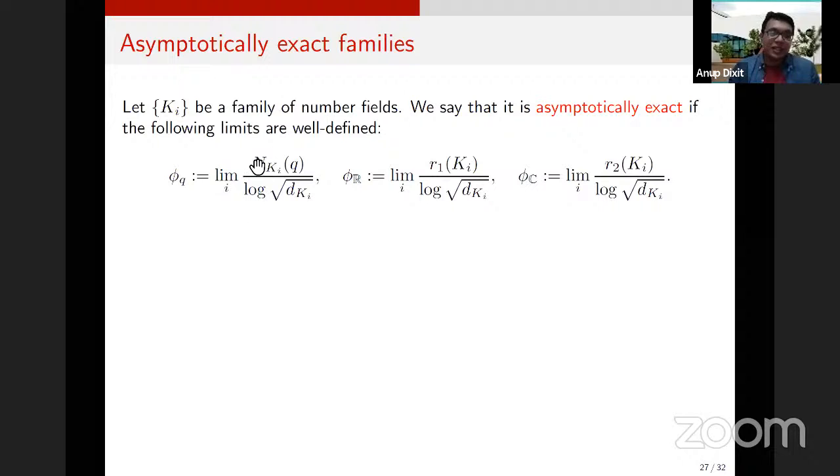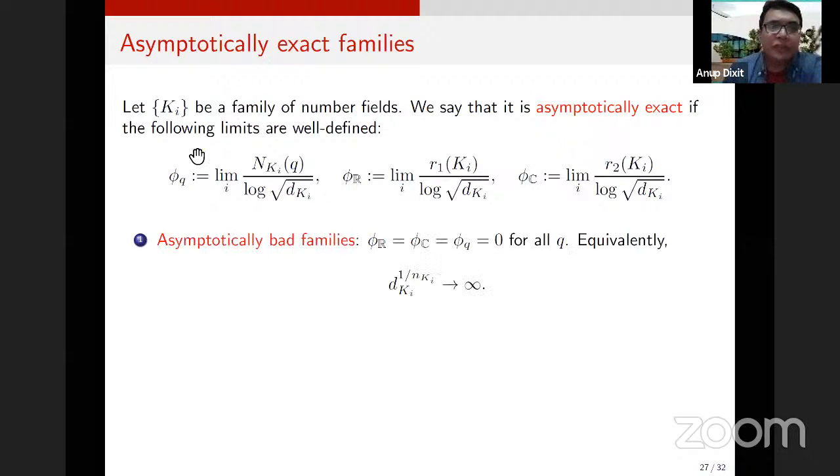So basically n_k_i of q is the number of prime ideals in k_i with norm q. And R1 is the number of real embeddings, R2 is the number of complex embeddings. So these are the invariants at the Archimedean places. Once these invariants are well defined, then we say a family is asymptotically exact.